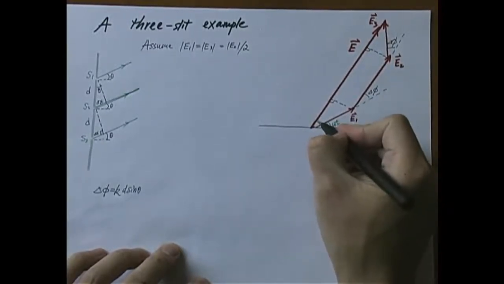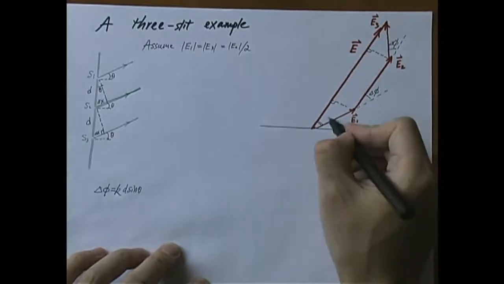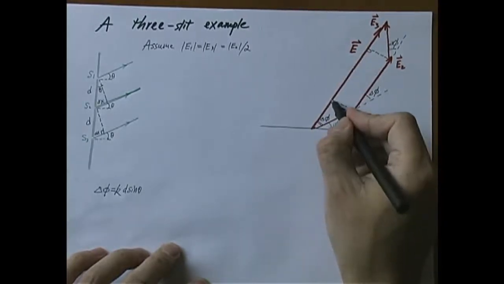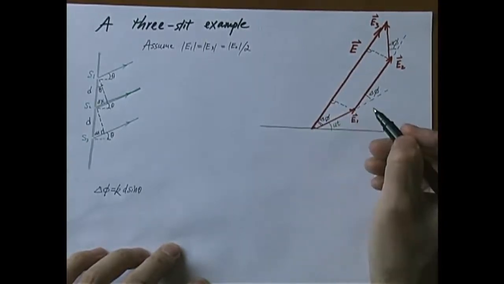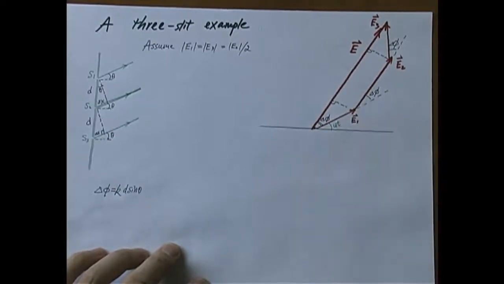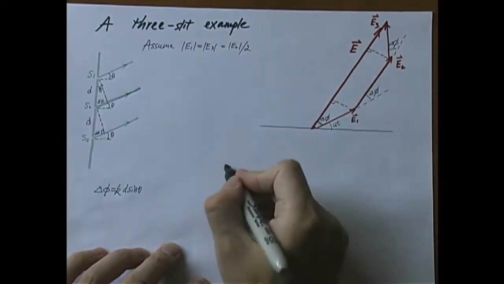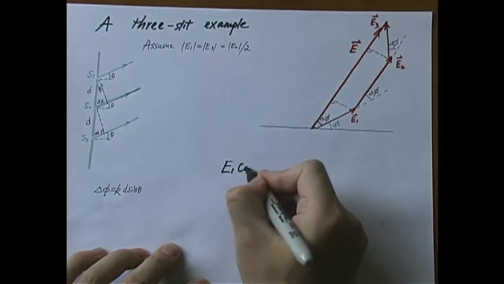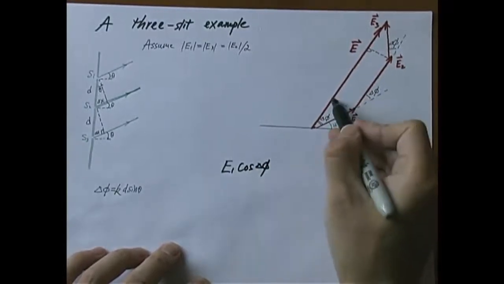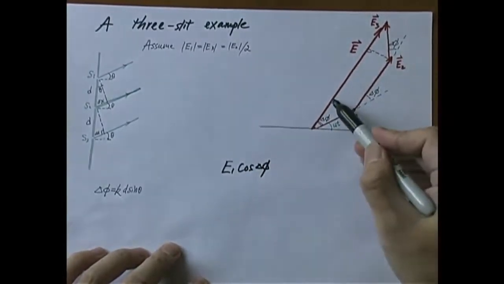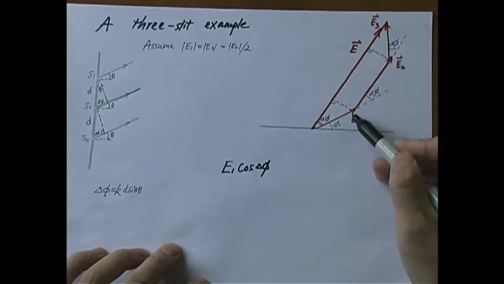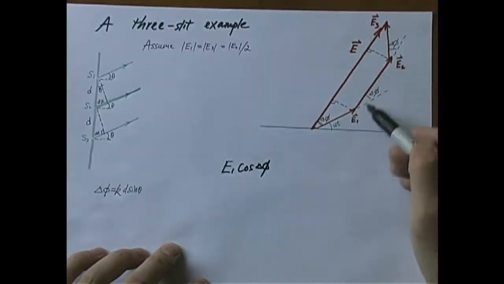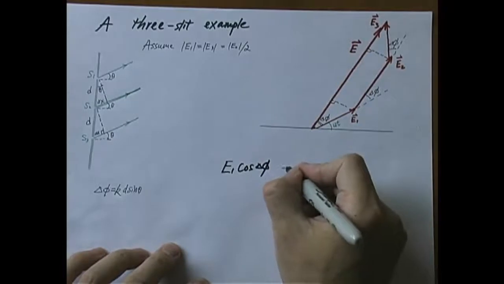How much is this? Well, this angle is the same as delta phi. So how long is this between here and there? That would be E1 times cosine delta phi. So you get the first one, E1 cosine delta phi. Then you add between here and there, which is the same as the length of E2, since they're parallel. E2 is twice as much as E1, so I just add 2E1.